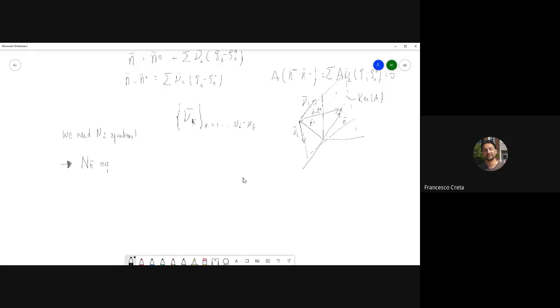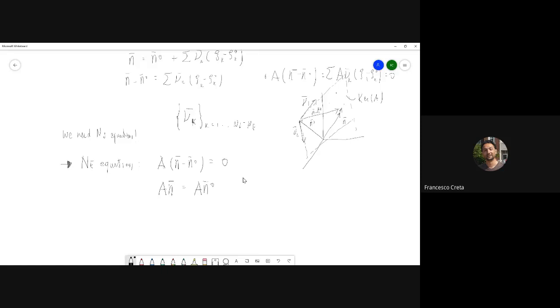Now, the first NE equations are exactly represented by this conservation principle, okay? Well, we saw that A times n minus n0 is equal to 0 because n minus n0 is a vector within the kernel of A. And so A n is equal to A n0.